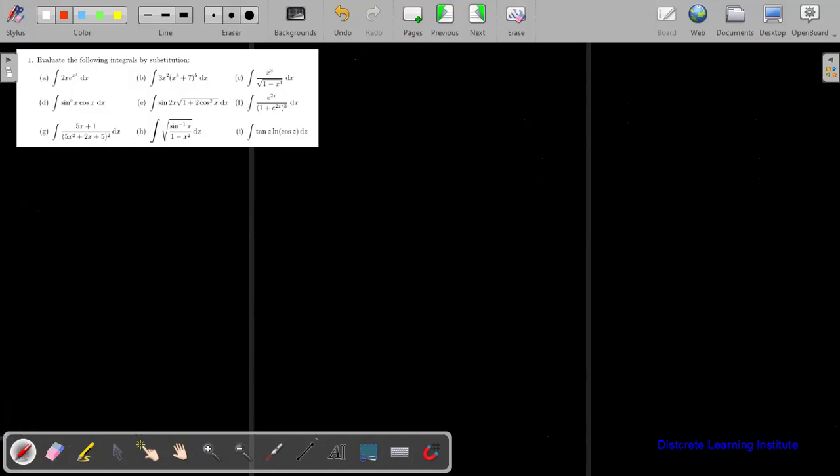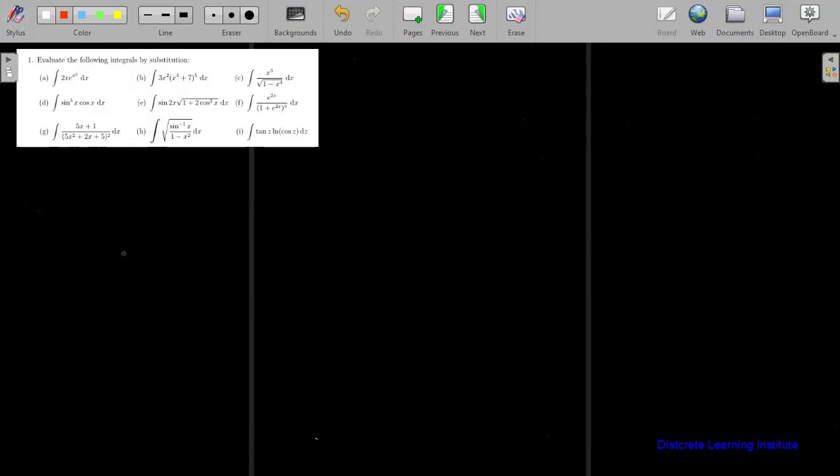Okay, so let's look at part H. Part H gives the integral of the square root of sine inverse of x over 1 minus x squared.